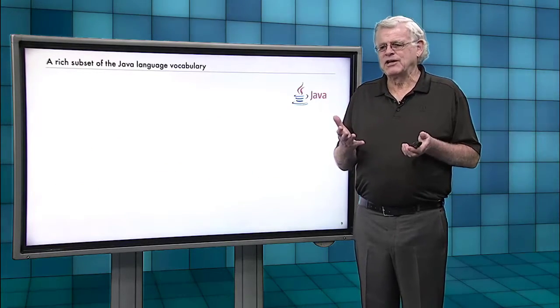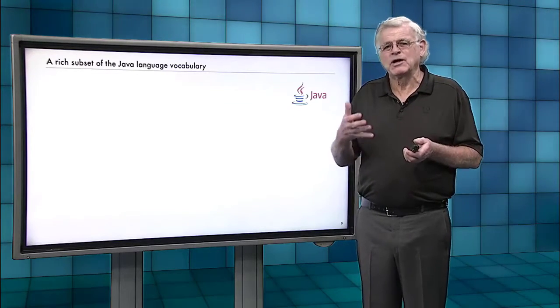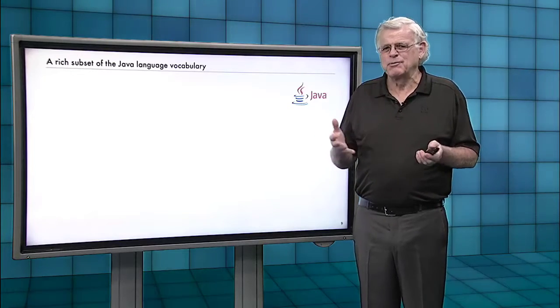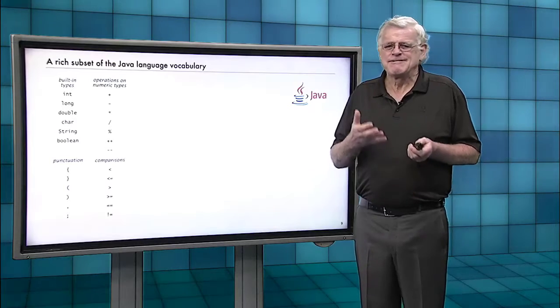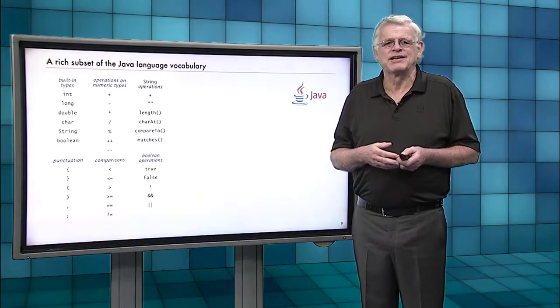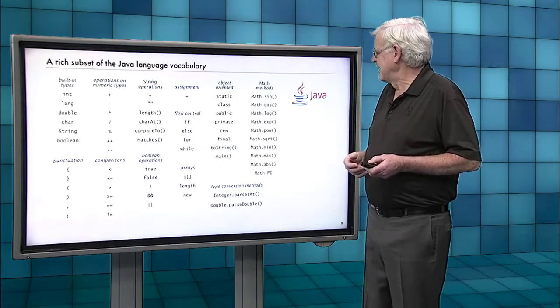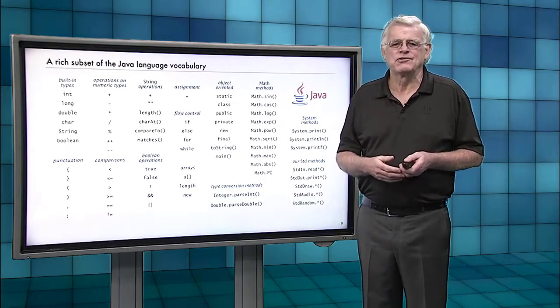So let's just take a look at the vocabulary. Sometimes people compare learning a programming language to learning a natural language, but it's actually much easier. That's what this slide is supposed to say. There's only a few different types of things. We're going to talk about all of these things later in today's lecture, and then a few more in the next couple of lectures. But this is pretty much all the words that you're going to use in your Java programs.